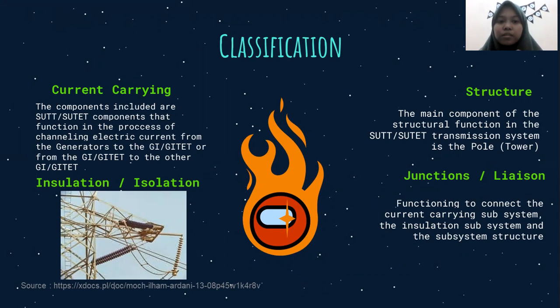Current carrying: the components include SUTT or SUTET components that function in the process of channeling electric current from the generator to the GI or GITET, or from the GI or GITET to the other GI or GITET. For the structure, the main component of the structural function in the SUTT or SUTET transmission system is the pole, or we can say tower.